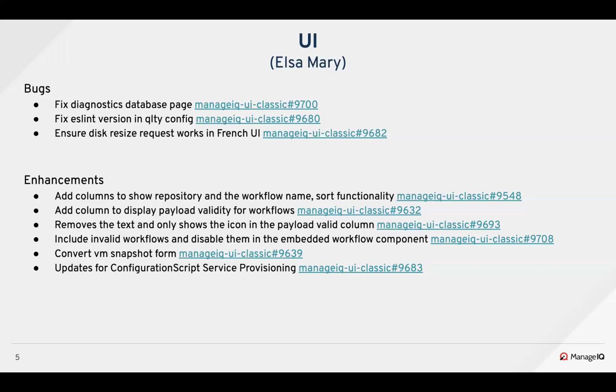Then I have a PR to include invalid workflows also in the list and disable them in the embedded workflow component. There was also a PR by Gilbert to convert the VM snapshot form from Haml to React. And Adam had a PR to update the configuration script service provisioning. Next slide.